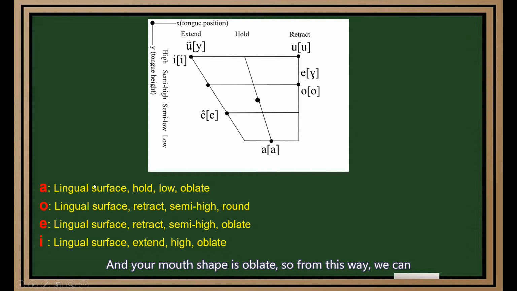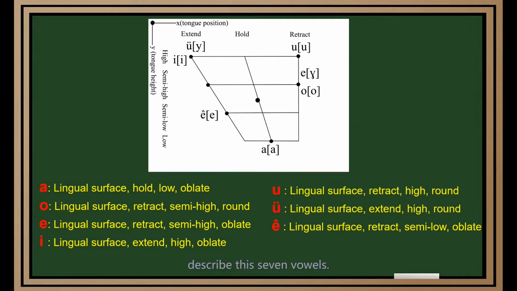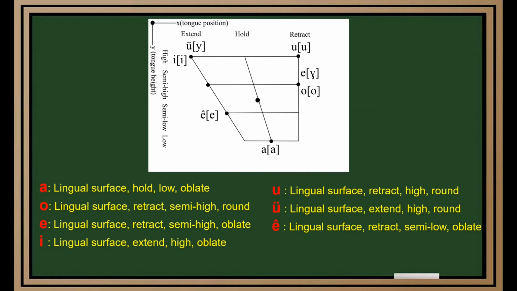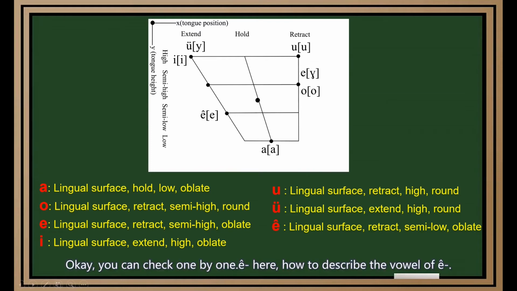So in this way, we can describe these 7 vowels. They are all lingual surface vowels, where the tongue position and tongue height are different, and also the mouth shape. You can check them one by one.